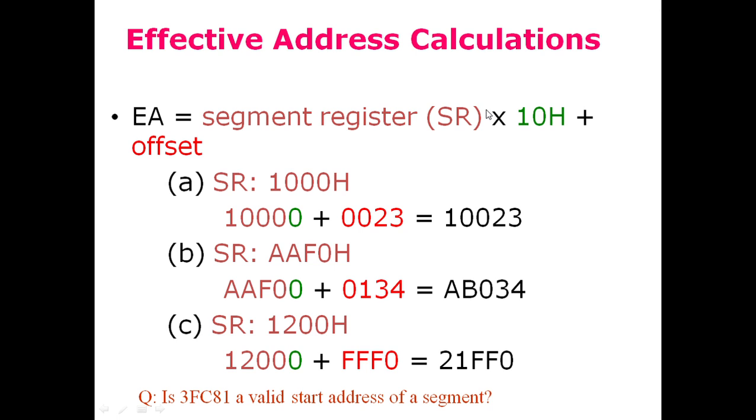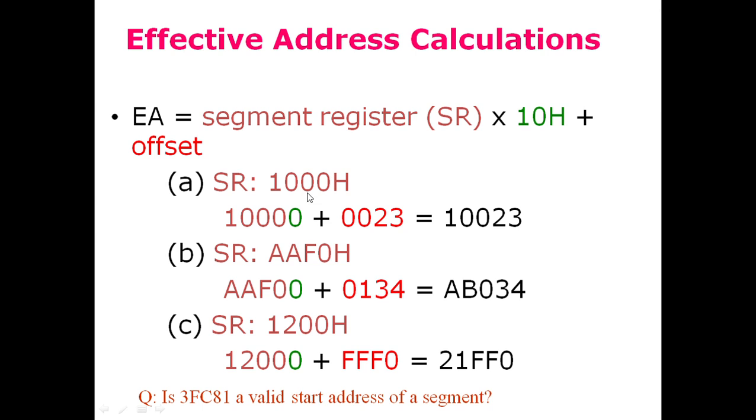The 16-bit value in the segment register is multiplied with 10H, then an offset address is added. So this is the formula to calculate the effective address inside a segment. For example, let's suppose the segment register has 100H.